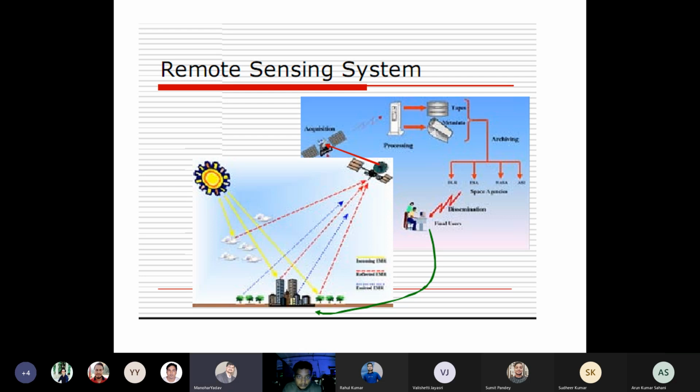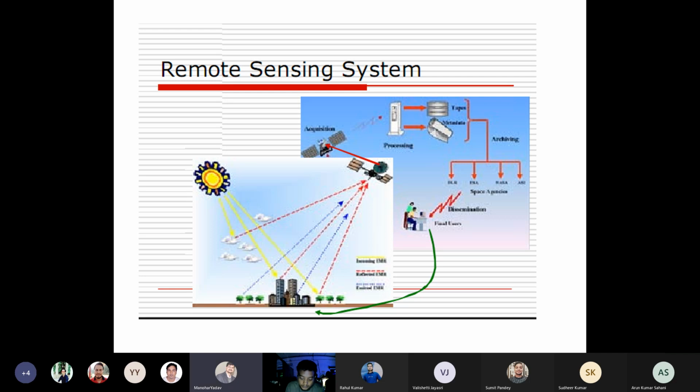In this image, I'm not going to discuss in much detail because most of the part we have already discussed previously. Just from this diagram, you need to understand what kind of energy is collected at the sensor.